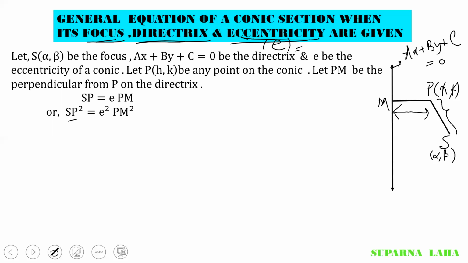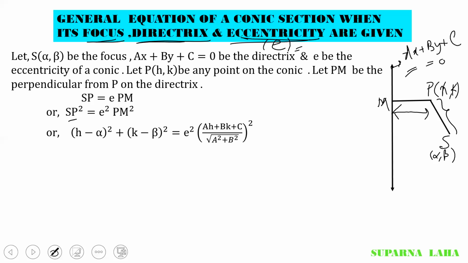SP squared is the distance between two points, that is (h - alpha) the whole squared plus (k - beta) the whole squared. And PM squared is, just put (h, k) into the equation of the straight line, so (ah + bk + c) divided by root over (a squared plus b squared), the whole squared.